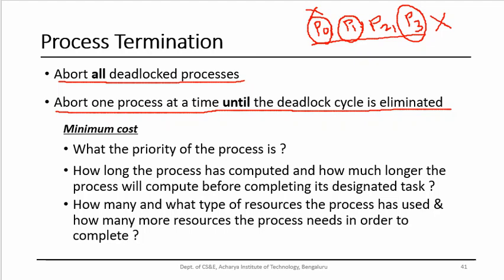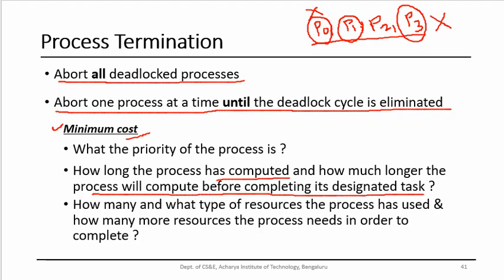That is done using a parameter known as minimum cost. And this minimum cost depends on several other parameters. That is, what is the priority of the process? If the priority of the process is very high, then you cannot abort it. How long the process has computed and how much longer the process will compute before completing its designated task. This becomes very important.